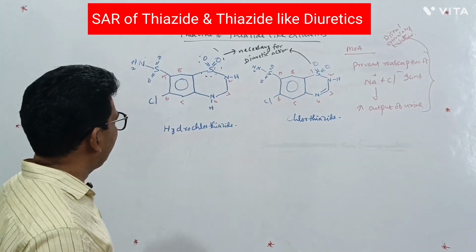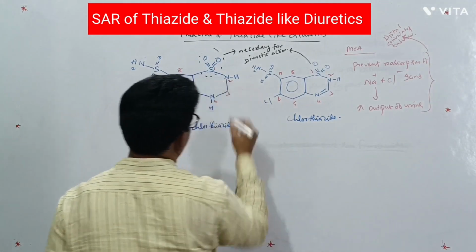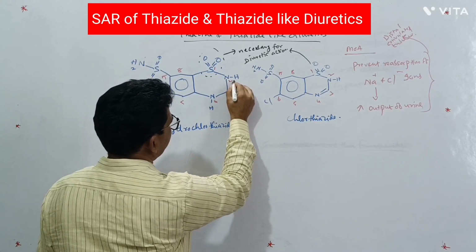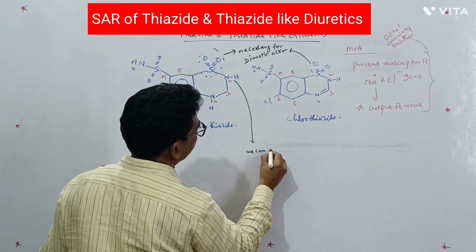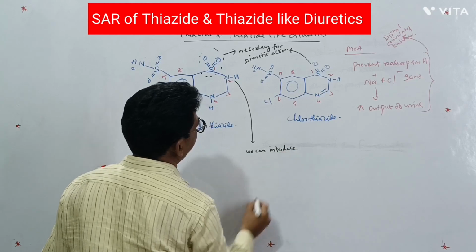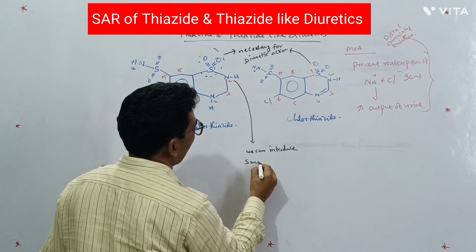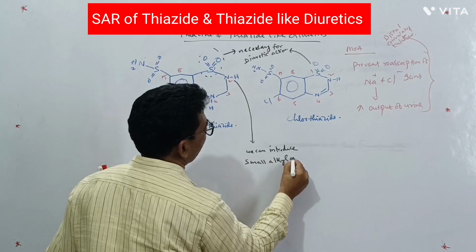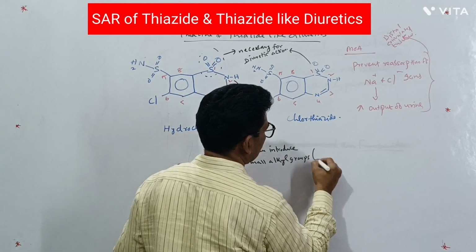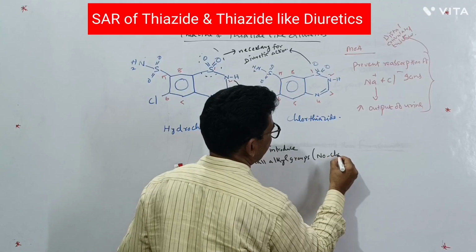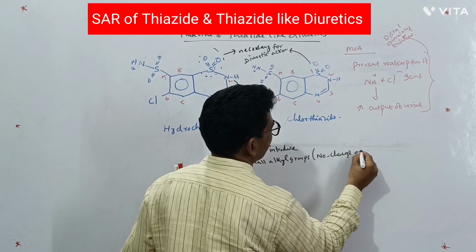When it comes to the second position, we can introduce small alkyl groups. It means no change in the diuretic action.